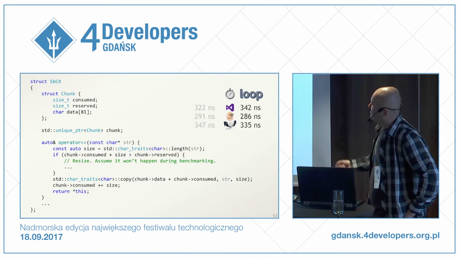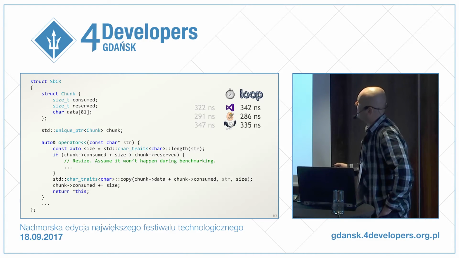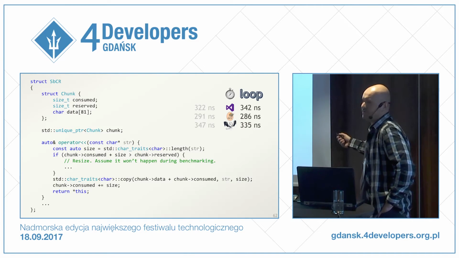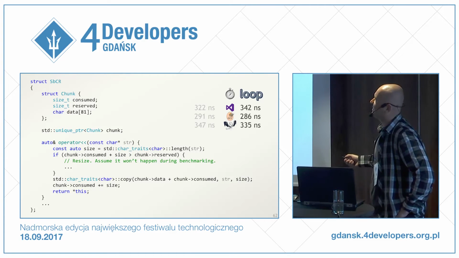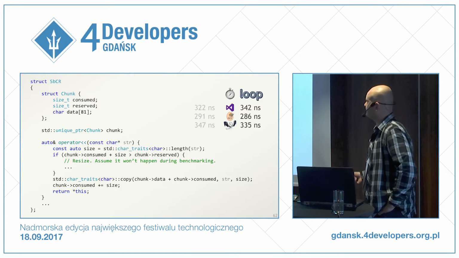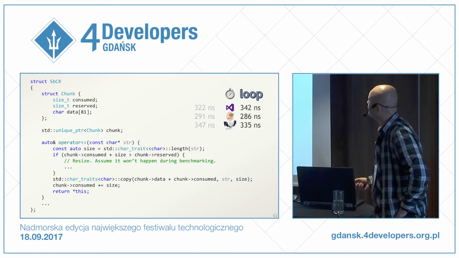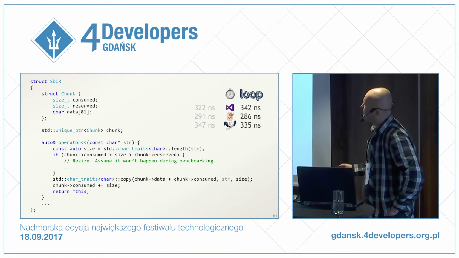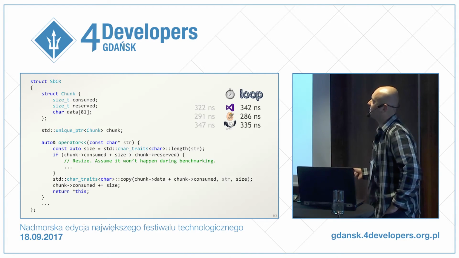Okay, how about this model? We have unique pointer, and the consumed and reserved are remotely allocated along with the data. Pretty similar times. And actually, we want to use this model where we have a chunk with those data, because we'll have multiple chunks.